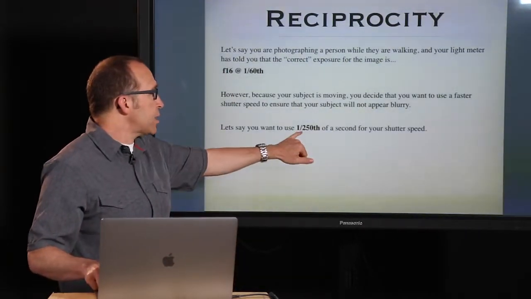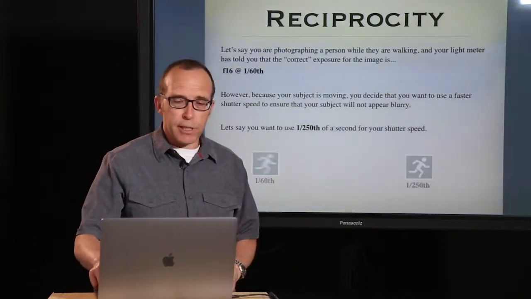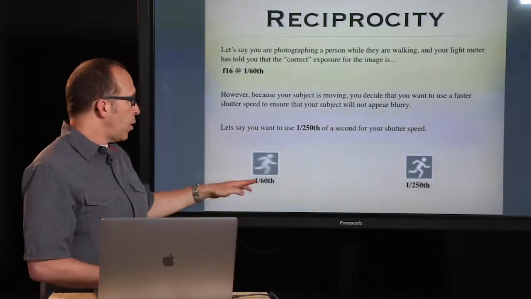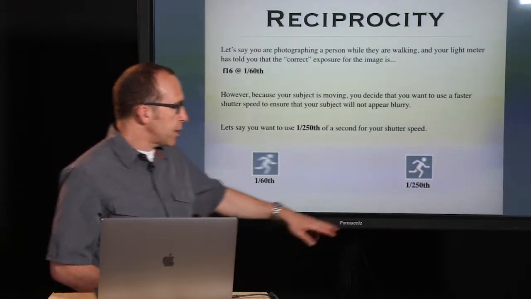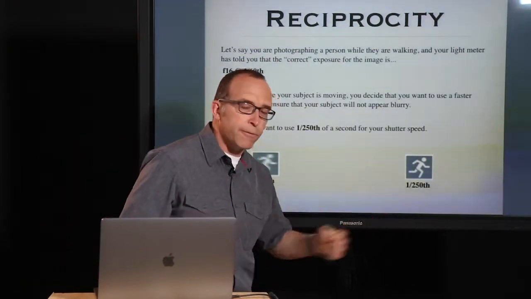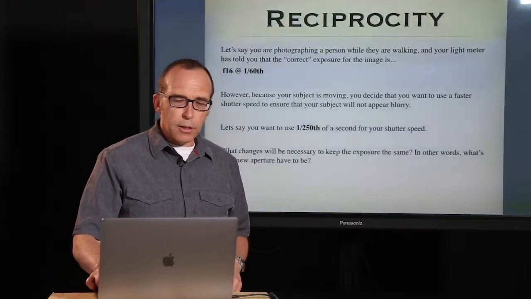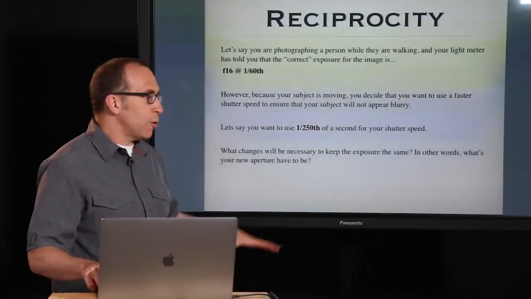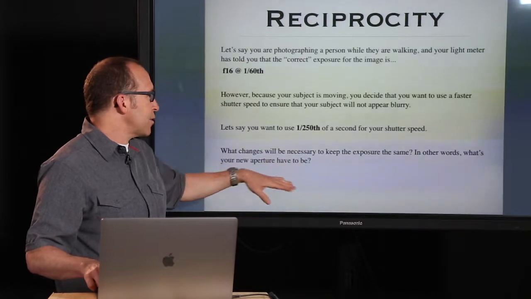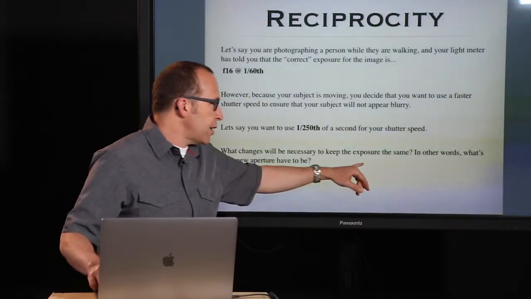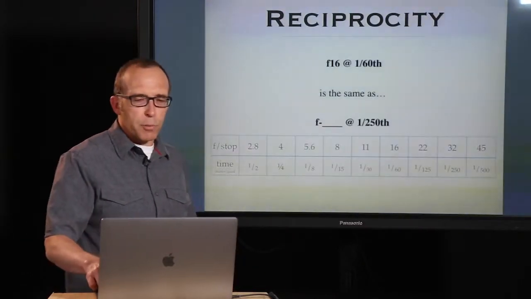So maybe you decide you want to use 1/250th of a second. At 1/60th of a second, the person's blurry. At 1/250th, you're going to be able to freeze that motion. So you want to use a 250th. The question is, what changes are necessary to keep the exposure the same?